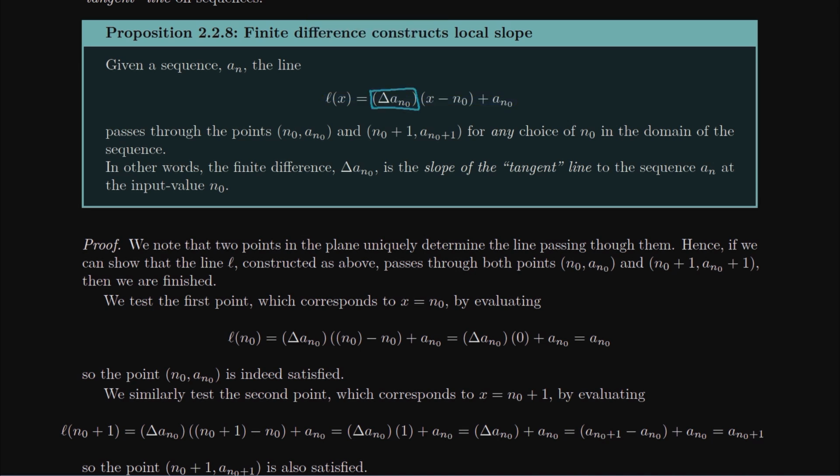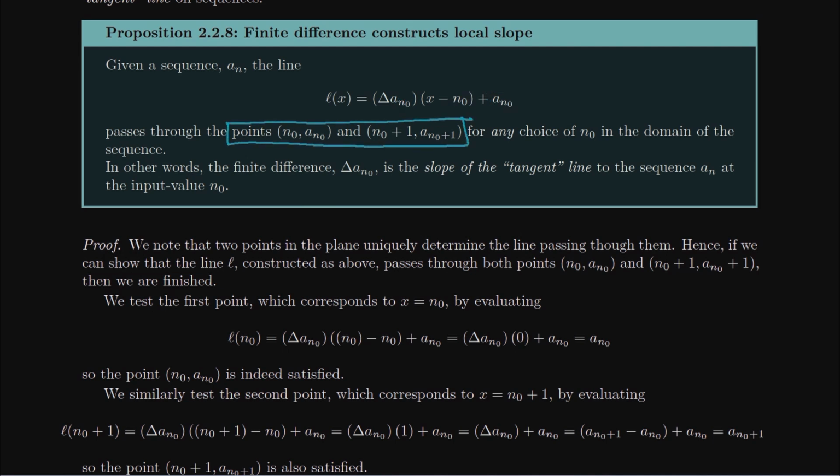is defined by the finite difference on a sequence at a specific point n0, and if we go all the way back to our proposition on tangent lines, that n0 plays the role of x0. And so I'm going to take that n0, subtract it from x, and add the value of my sequence at that point. This line necessarily passes through two points on the plot.